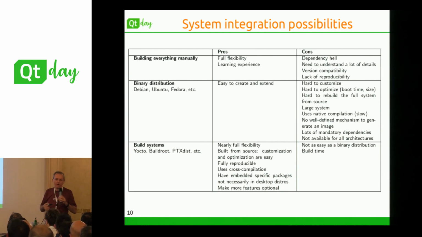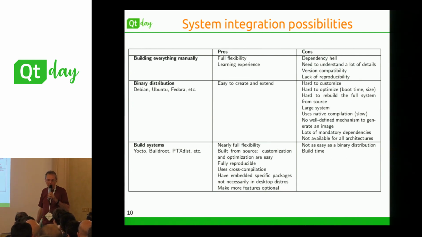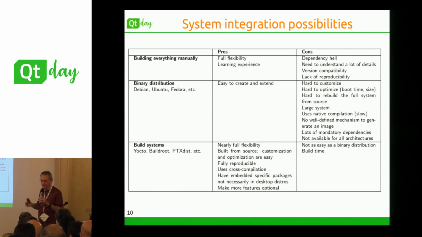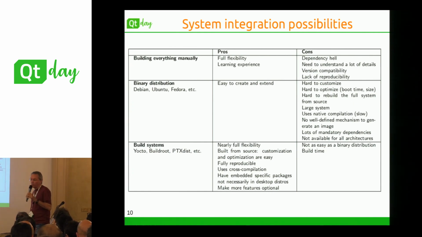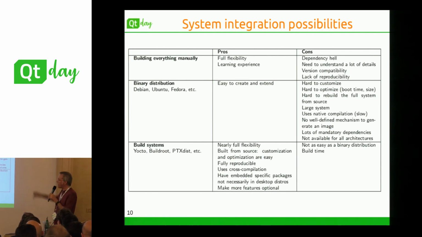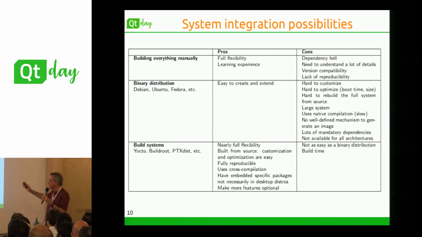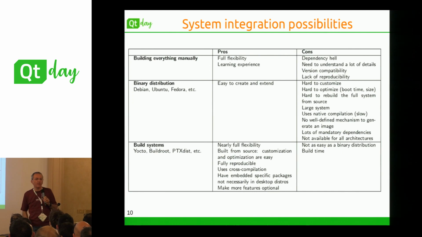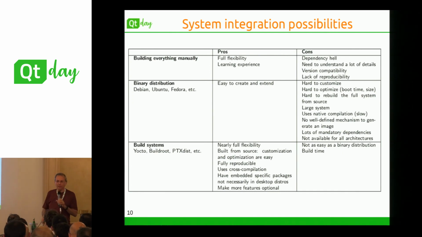In the case of Yocto and OpenEmbedded, we typically use the IPK format, which is lighter, offering you more or less the same features. The pros and cons of the choices you have are listed here. When you have the binary distribution, you have an easy way to start, but you have a very hard time cutting off everything you don't need to reduce the size and the memory consumption of your system.